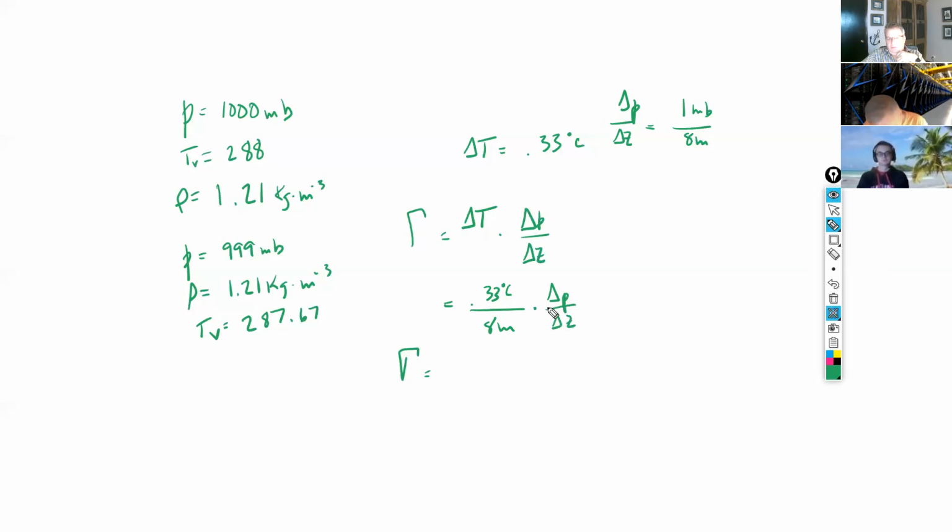Because I don't want the delta P in there, so I have to divide by 1 over delta P. So it should be 0.33 divided by 8, right? Gets you that 41.25 degrees Celsius per kilometer.